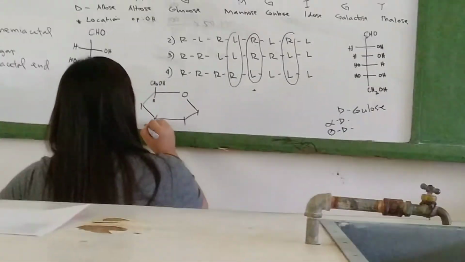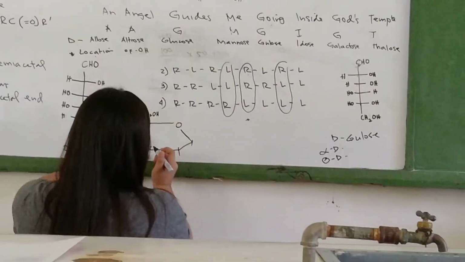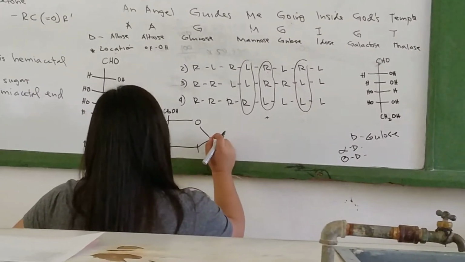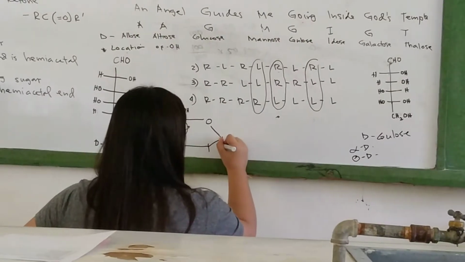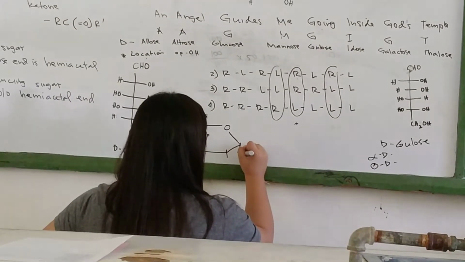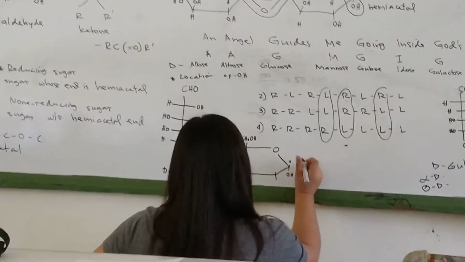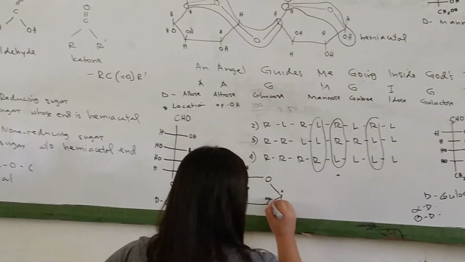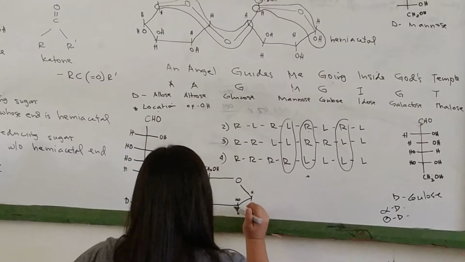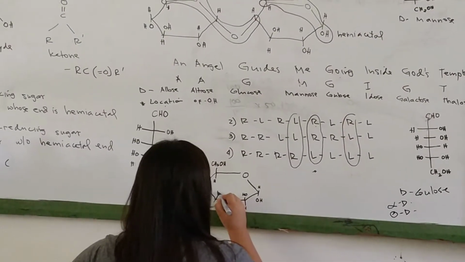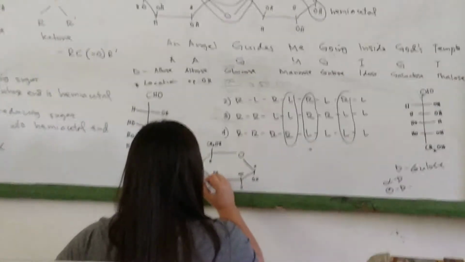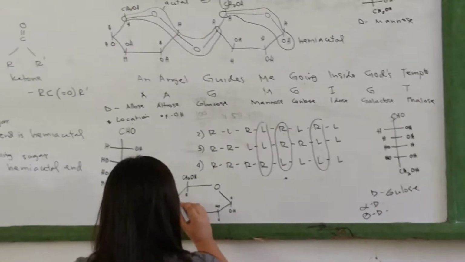Basta, alpha or beta, it depends, but the oxygen should bind here, that is OH. At the anomeric carbon in the Haworth projection, it can be either alpha or beta. So if it's alpha, then the OH is down. If it's beta, then up.